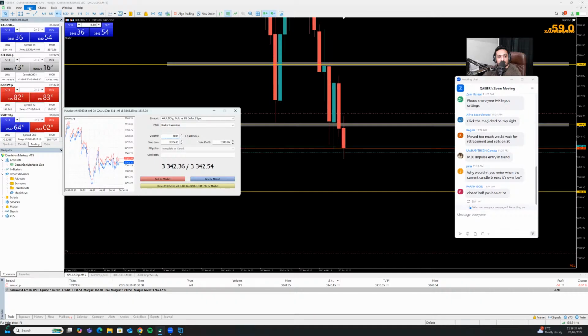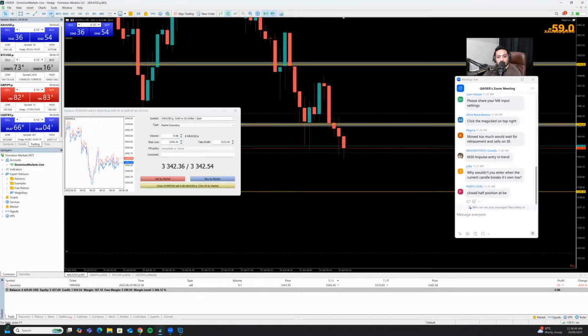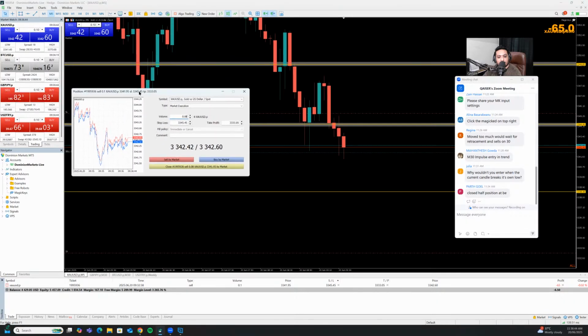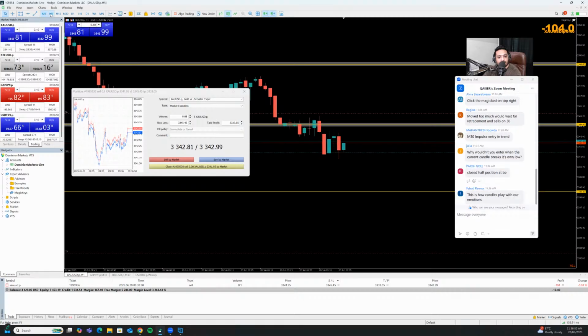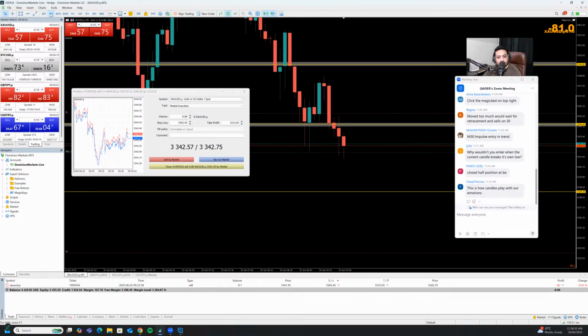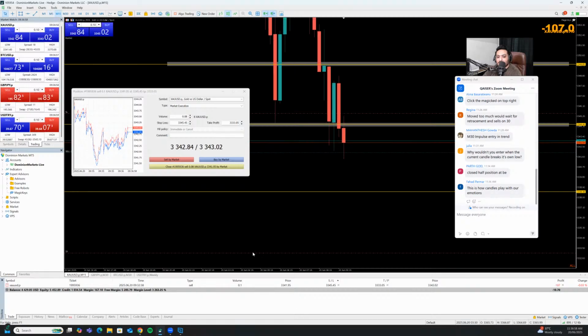It should have been continuously pushing to the downside. This is what I wanted from this candle. Let's just go. All right, let's just see. Just waiting right now.